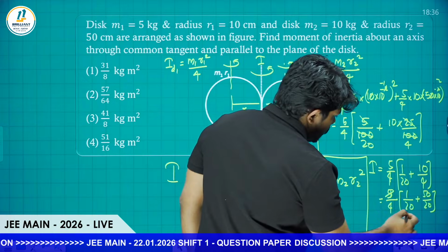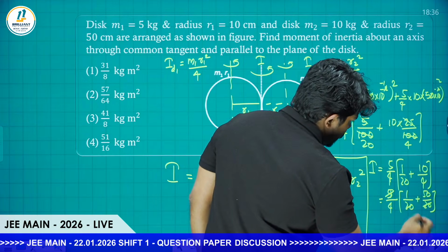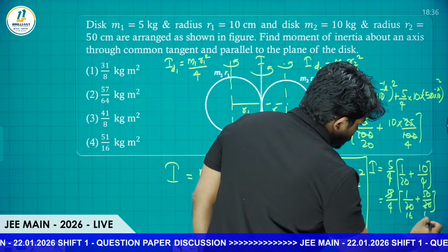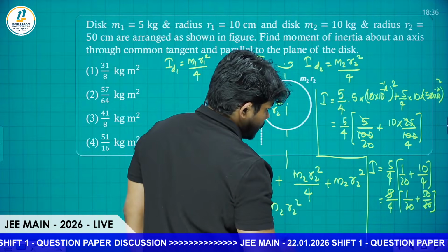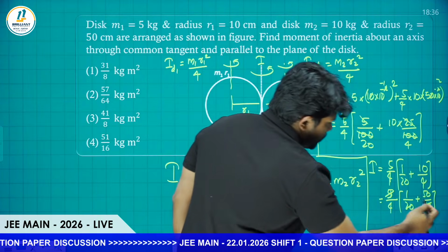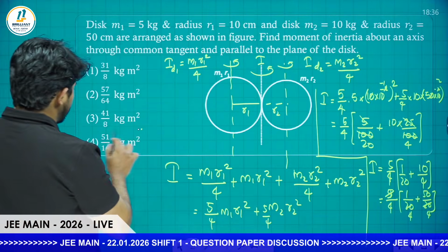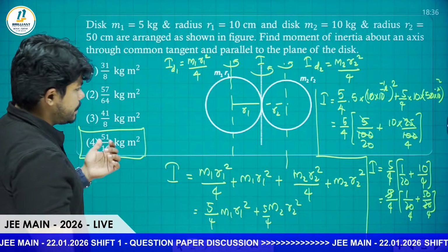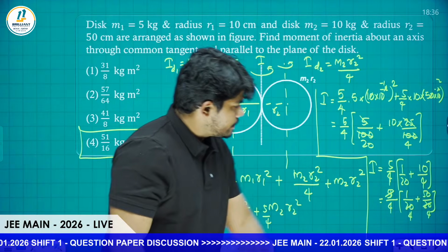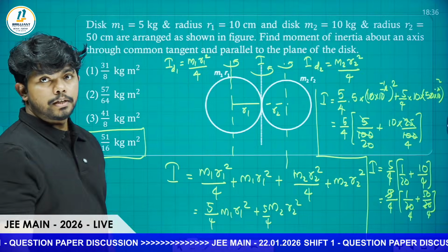This cancels to 16, actually 4, and we can multiply with the 4 outside. So the final answer I am going to get is 51 by 16 kilogram meter square.